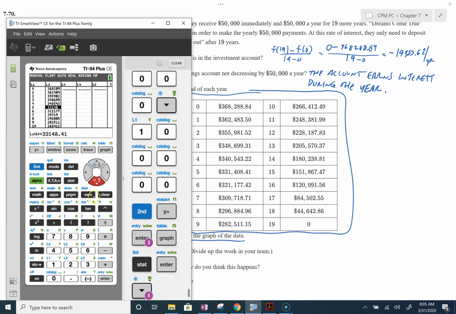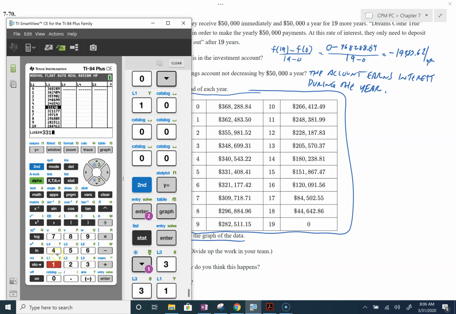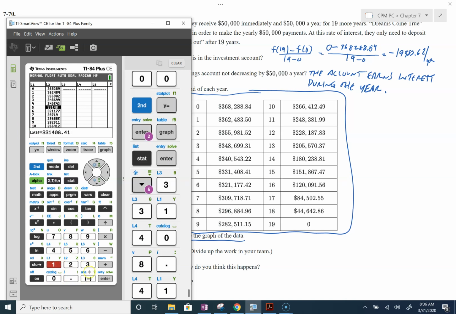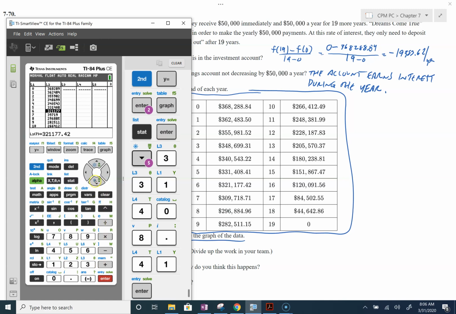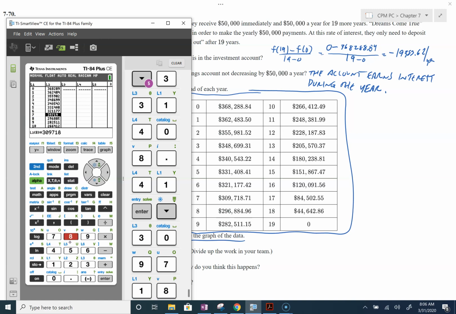So for 5, that was supposed to be 331,408.41. And then for 7, that was supposed to be 309,718.71.